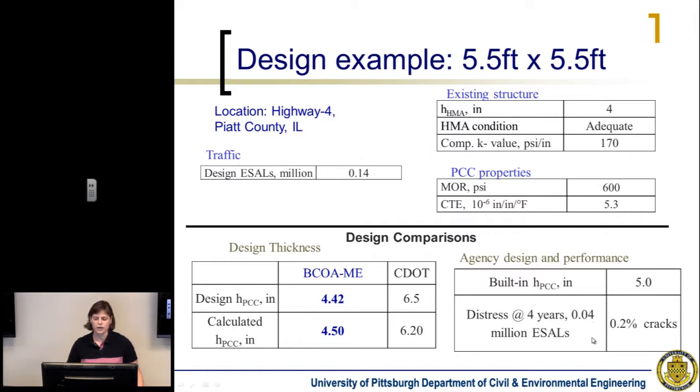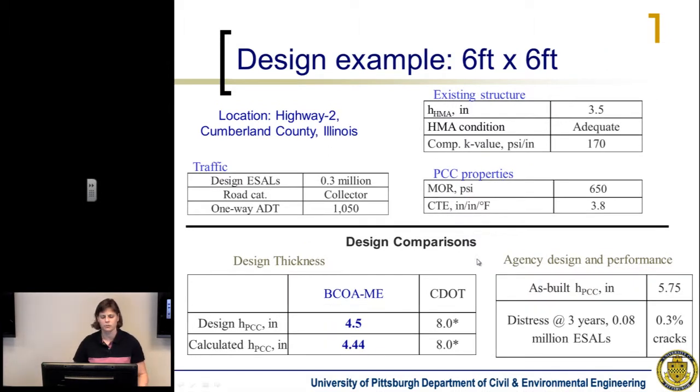We don't really have much cracking at 0.2% cracking, so very little. What the BCOA-ME predicted was 4.42, or what we would probably design would be 4.5, and then the Colorado procedure was 6.5, so it's substantially thicker for the older procedure. So again, it seems like we have some reasonable predictions in our design here.